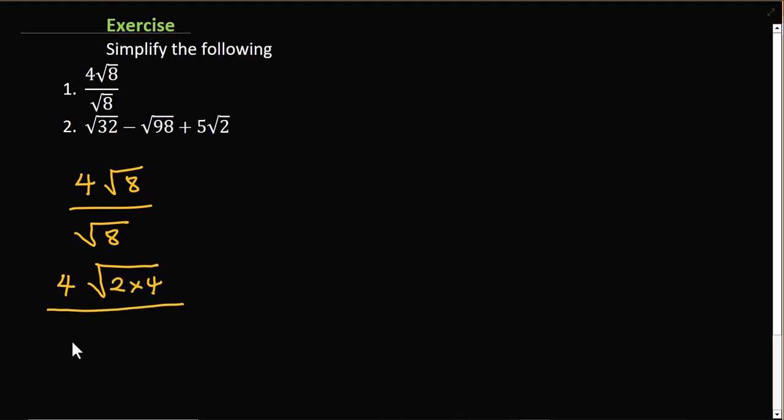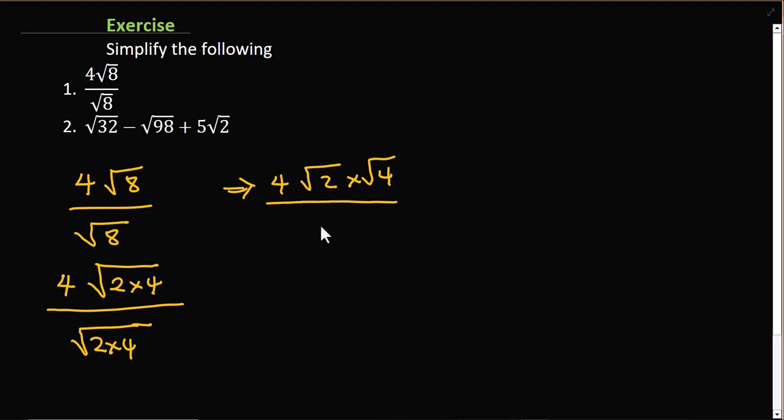And then here, same thing: 2 times 4 also gives us 8. Let me continue from these very points. So we can have 4 surd 2 multiplied by surd 4 all over surd 2 multiplied by surd 4.